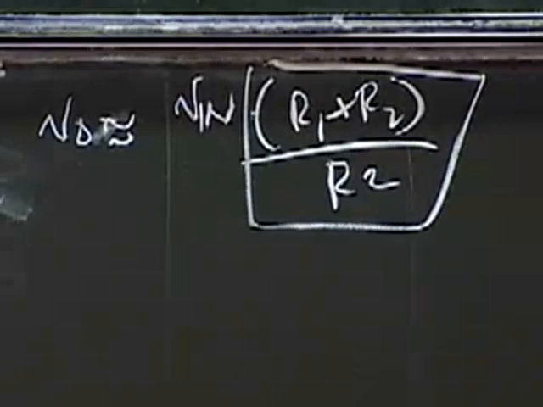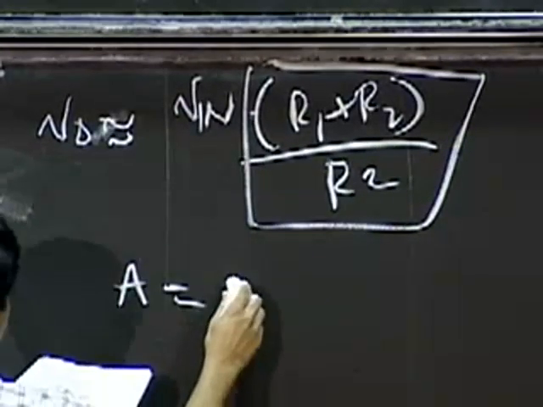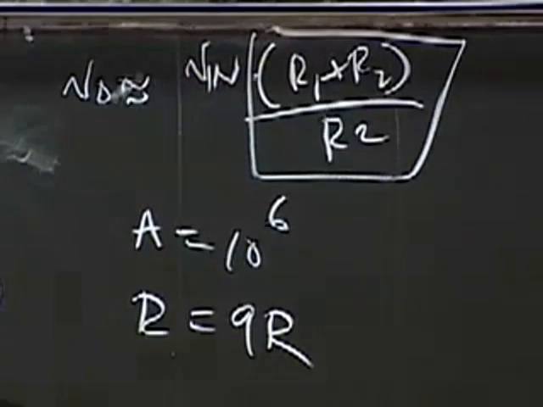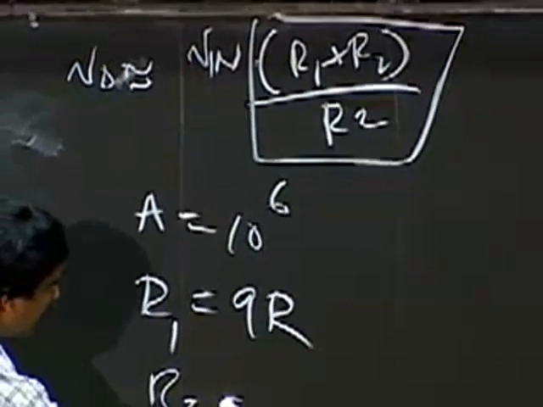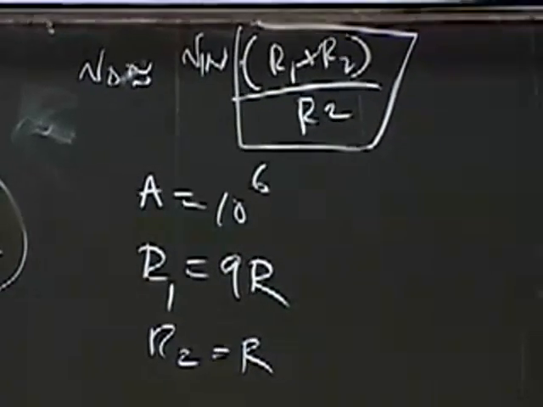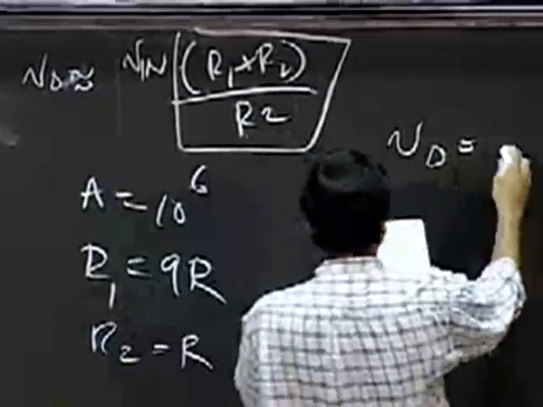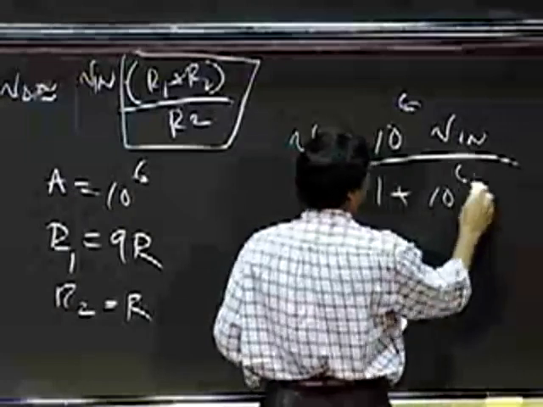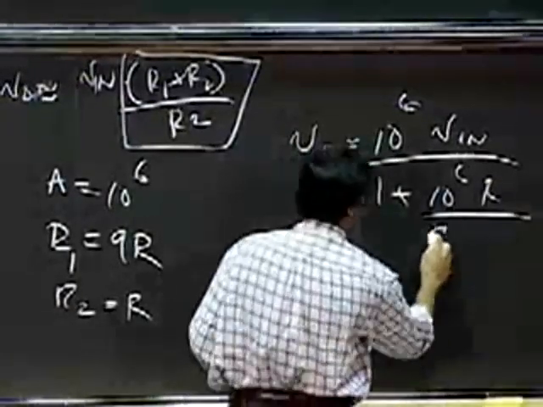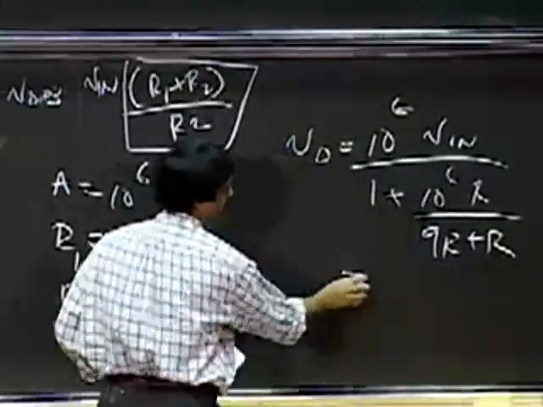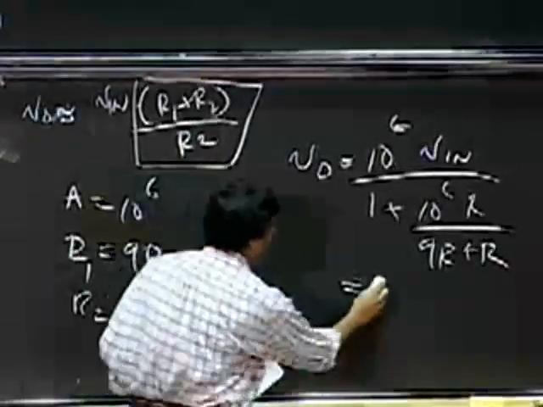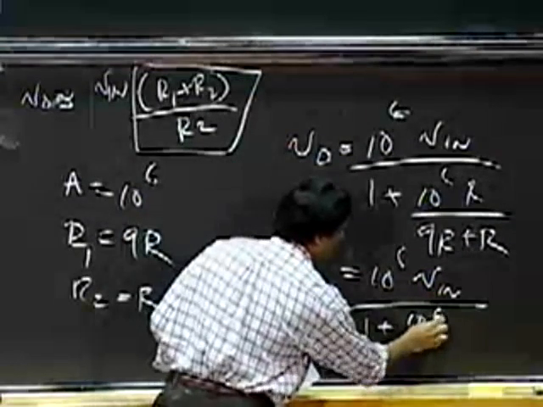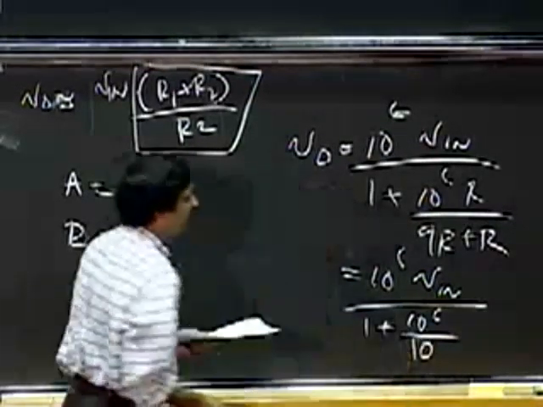So to give you a sense of some numbers here, suppose A was 10 to the 6th, and I choose R1 to be 9R, and R2 to be some R. Then V naught is 10 to the 6th V in divided by 1 plus 10 to the 6th times R divided by 9R plus R. So that's 10 to the 6th V in divided by 1 plus 10 to the 6th divided by 10.